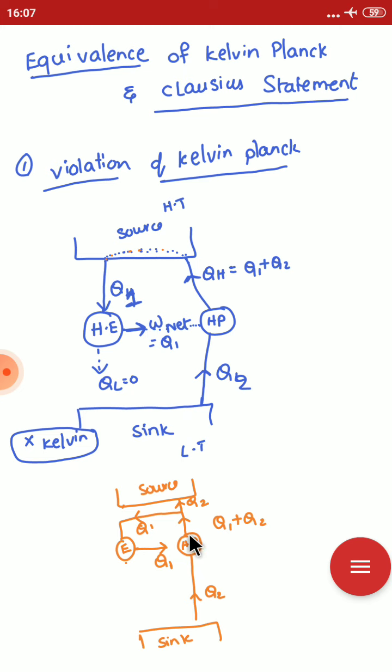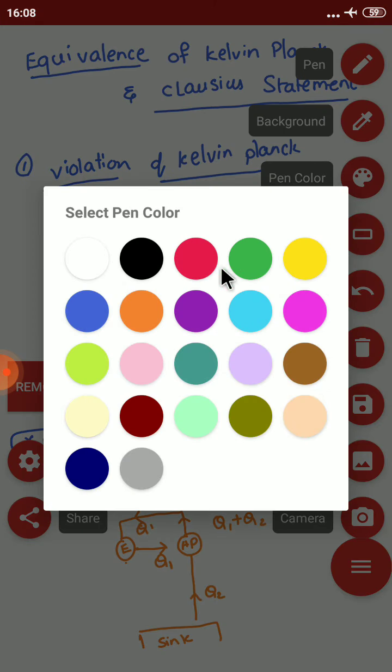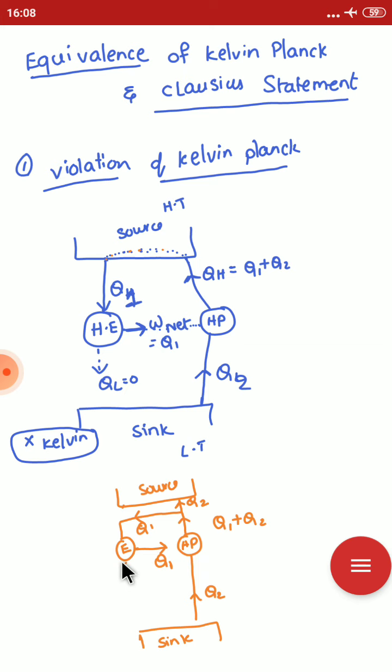Here Q1 amount of heat is coming from here, and Q2, if you see here with no loss, Q2 amount of heat is transferring to the source, exactly the same, without any external input to the device, that is a heat pump.